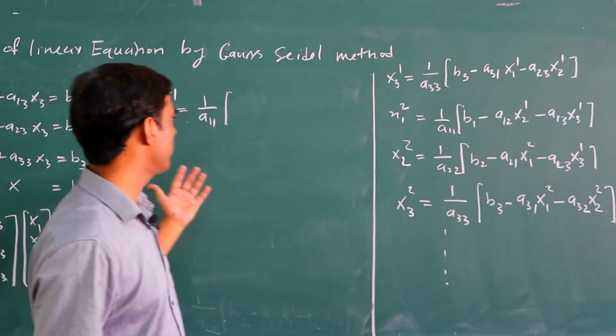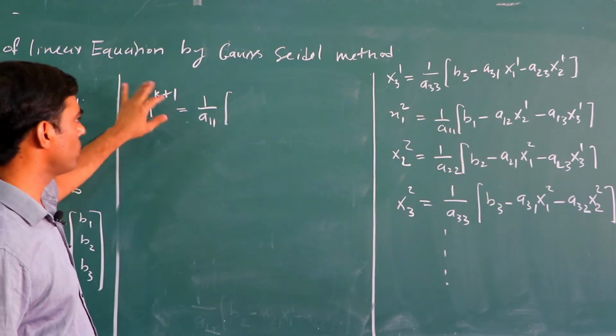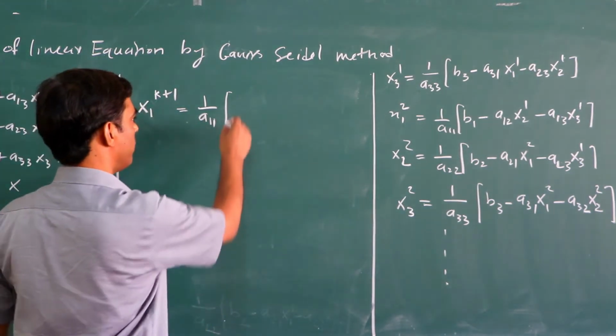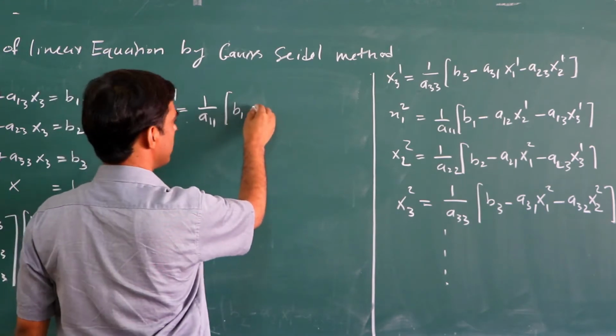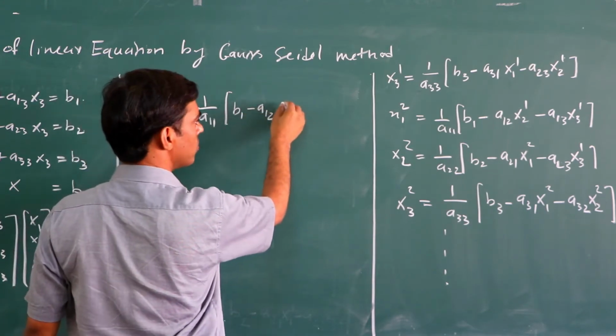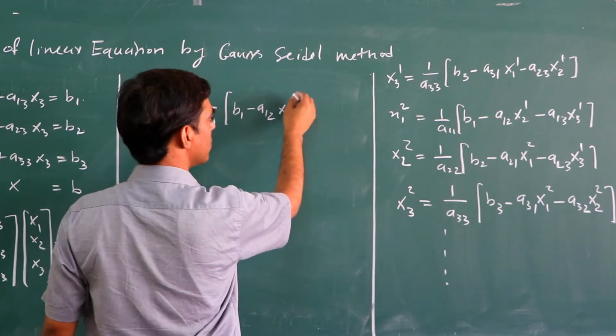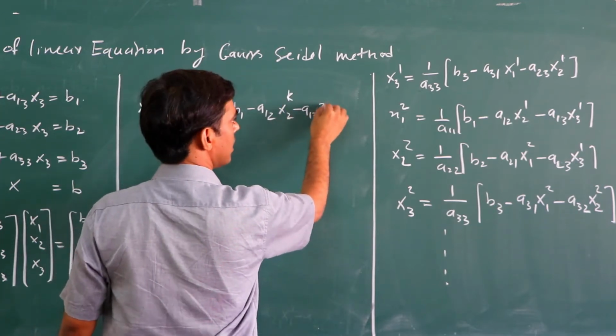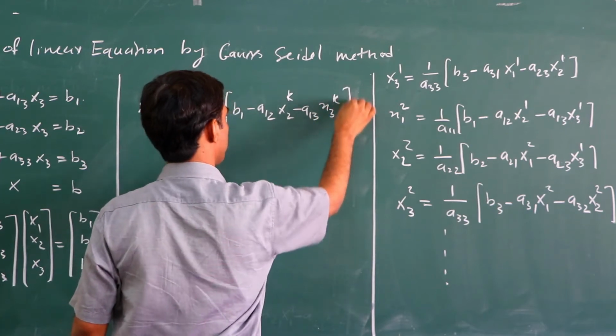Now how do we write it in the form of a matrix? So x1 to the power k plus 1 equals 1 upon a11 times v1 minus a12 x2 to the power k minus a13 x3 to the power k.